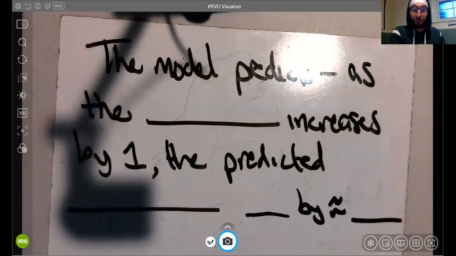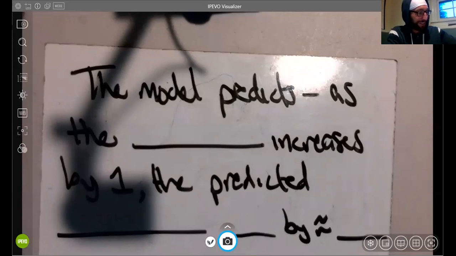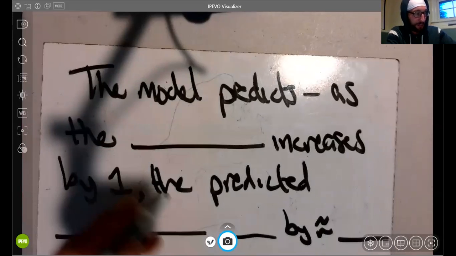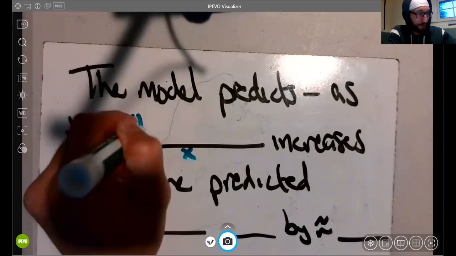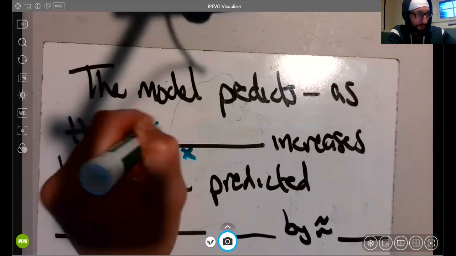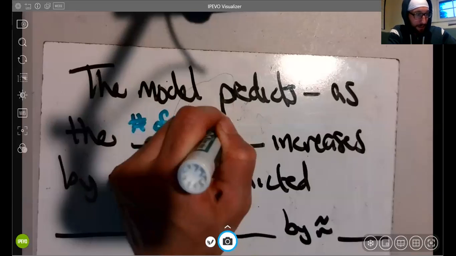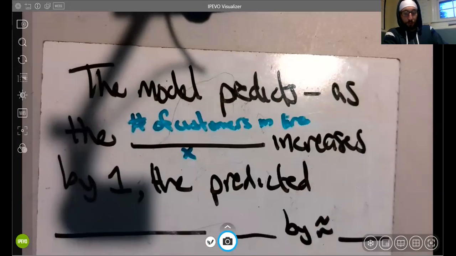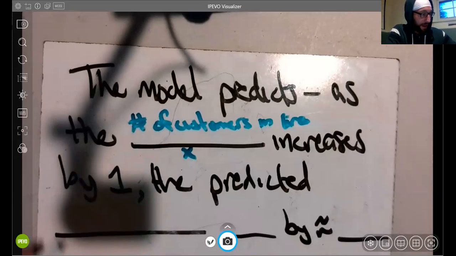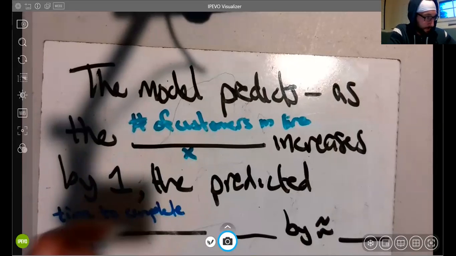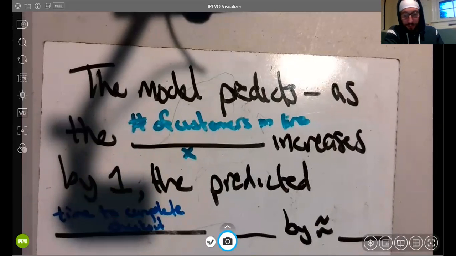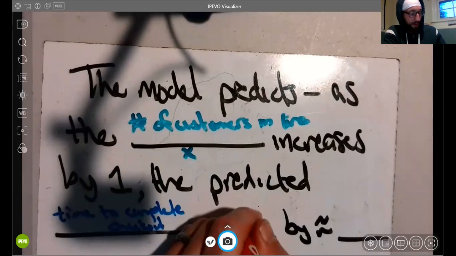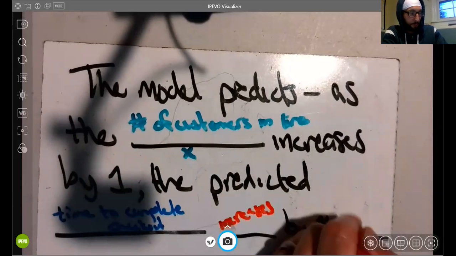So here, our model predicts, did a pretty bad job at the lighting there, huh? And our x variable is always going to be increasing by 1. So this is going to be: as the number of customers in line increases by 1, the predicted time to complete checkout increases by approximately 174.4 seconds.